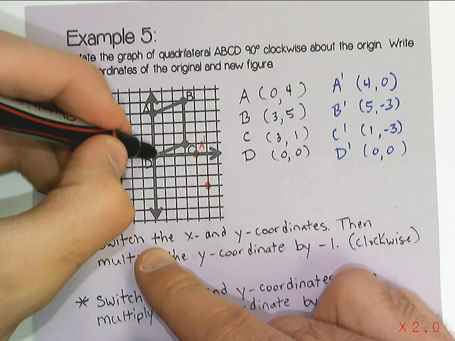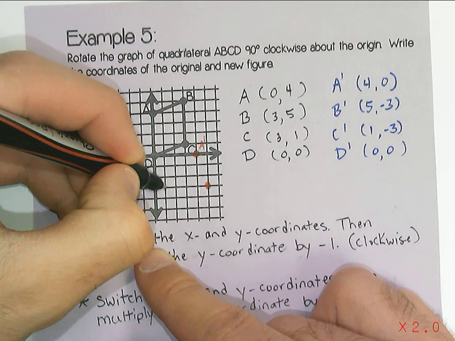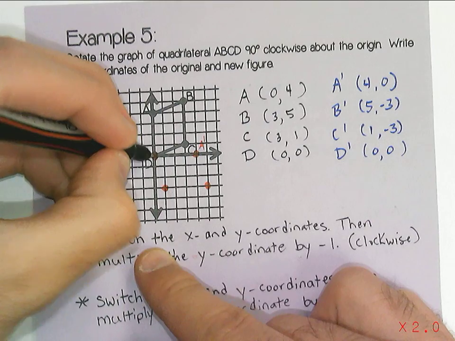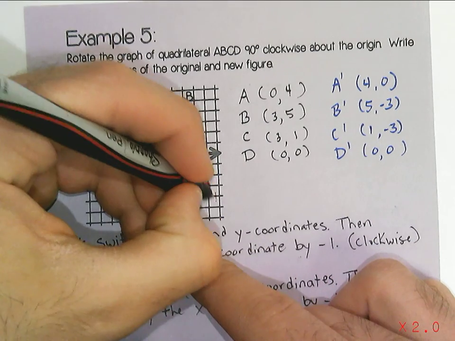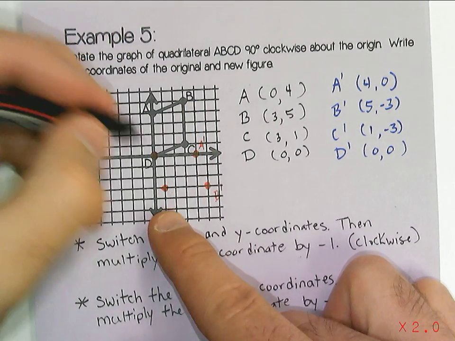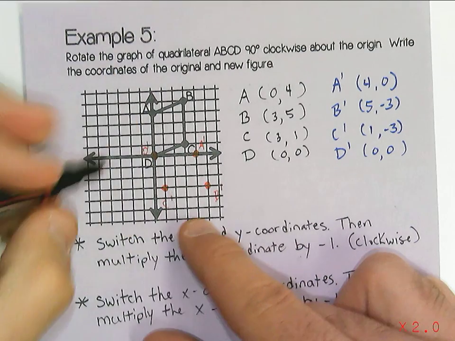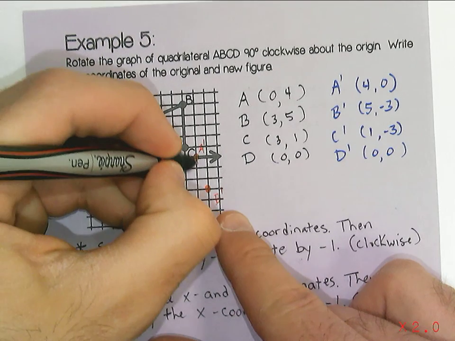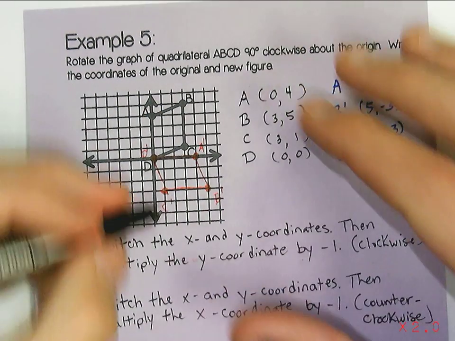And then I have 1, -3. And then I have the origin as well. Ooh, and I didn't label my points here, so this would be B prime, this would be C prime, and then D and D prime are in the same spot. Connect those, and you should have your new figure.